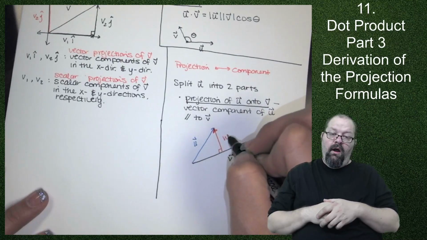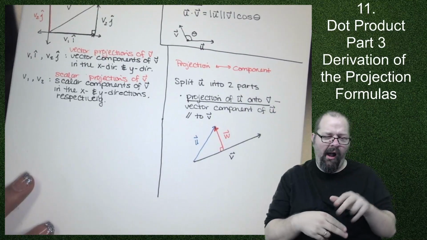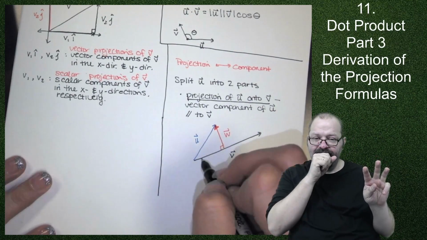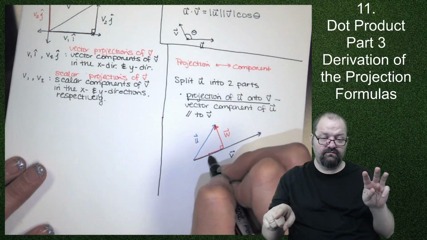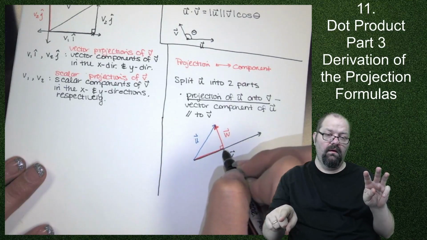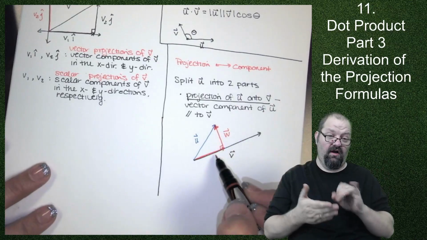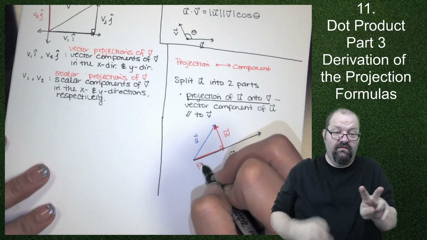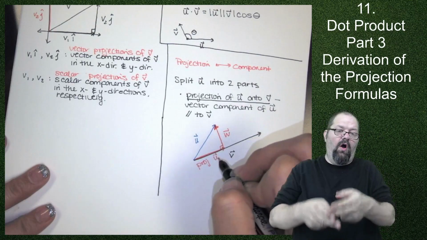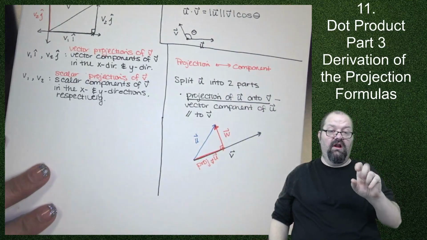This part we're going to call W, and this part down here, the component of U that's parallel to V, that's the projection of U onto V.